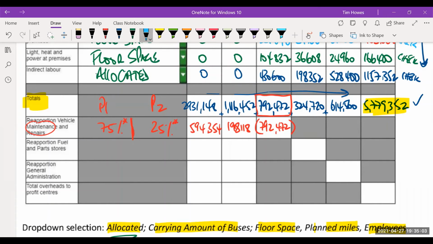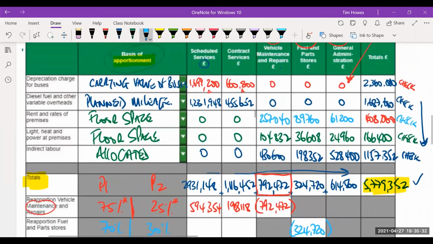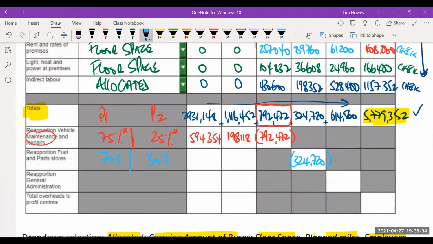I'm going to do exactly the same. Take the 324,720 that is in our fuel and parts store, and I'm going to reapportion it based on what the question says. I've kind of forgotten. I think it said, yep, 70% of its activity is for P1, which of course means 30% of its activity was for P2, i.e. scheduled services and contract services.